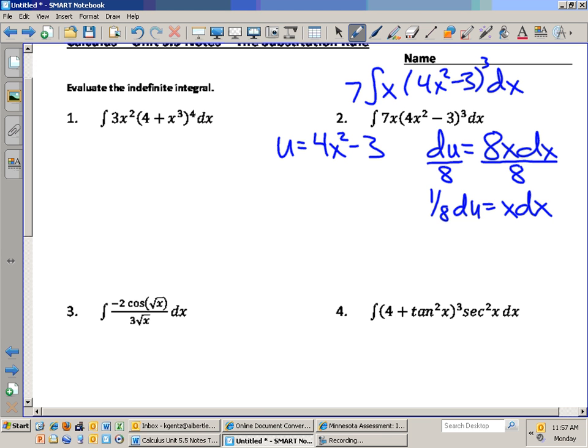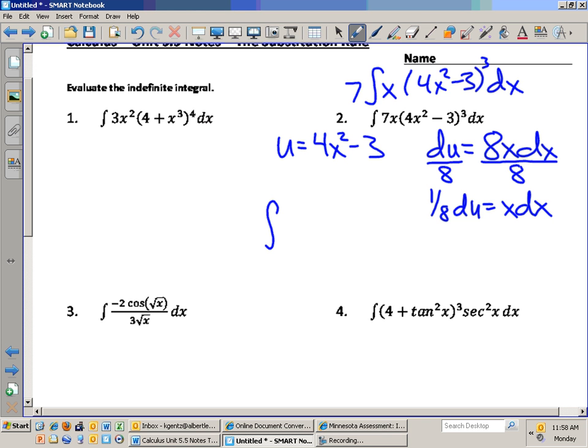Question, Chelsea. The derivative of 4x squared minus 3 is 8x dx. So now I solved here, so I just have an x dx, and up here you have an x dx as well. So now I've accounted for the pieces I need to, and so my new integral will read something like this.